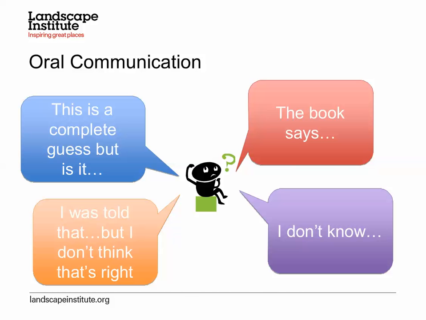So let's say there's a question asked about, off the top of my head, as a non-landscape architect, some aspect of wind turbines and LVIA, and you then deliver all the information you have about LVIA, hoping that some part of that answer will relate to the question. Again, that's the kind of thing which might have worked at school, where the teacher would have carefully gone through and picked out the relevant bit and crossed out the rest, but it's not going to cut it in the exam, and it certainly wouldn't do any good in a client meeting because you'd have a really confused client by that point. So avoid portfolio answers, be specific.